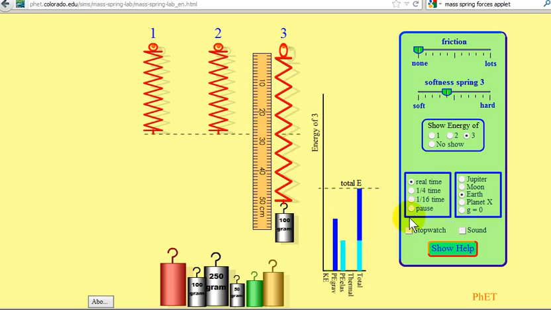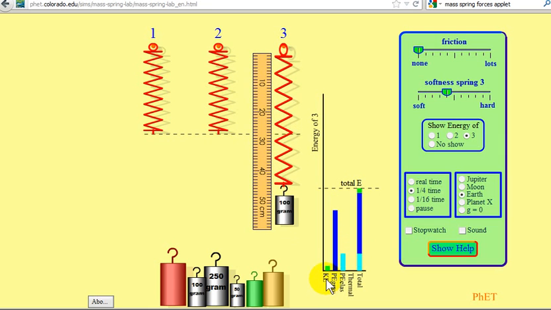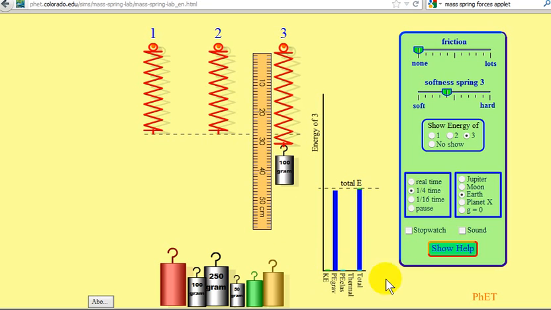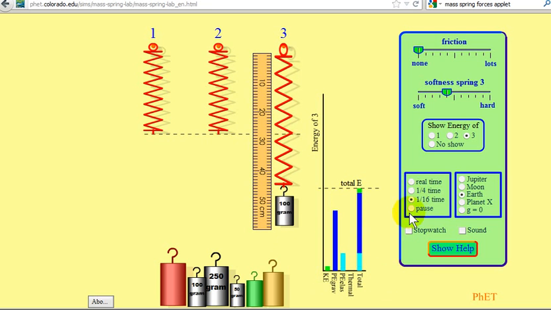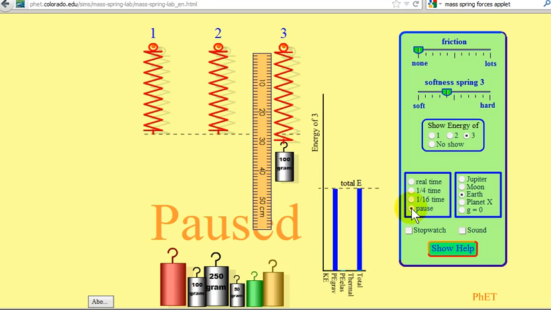To see that more clearly, we could show this motion in 1/4 time. So currently we're looking at it in real time. So now we can see how the kinetic energy varies with the position of this mass. Let's put it in 1/16 time. So here I have paused it at the 30 centimeter mark.